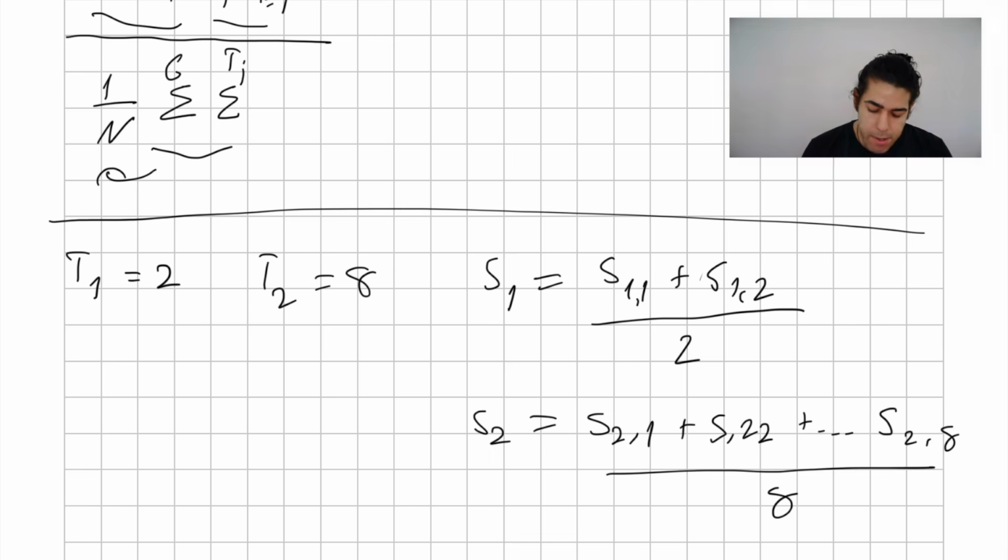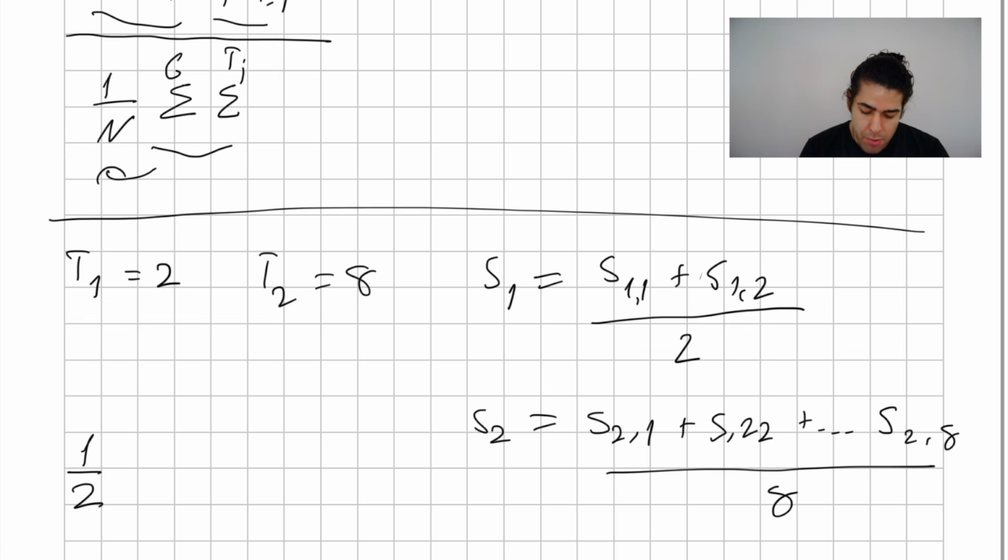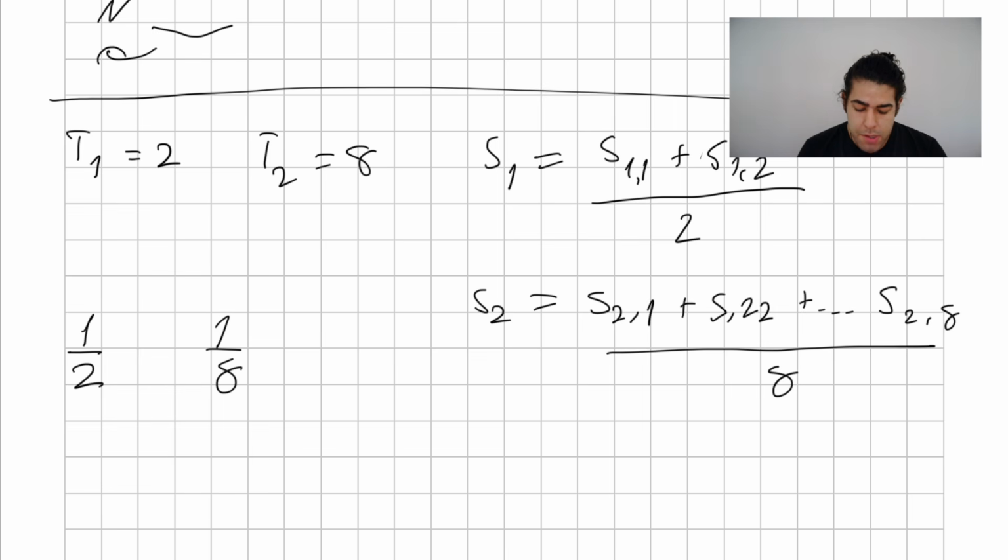When you think about it, each token within S1 has a weight of 1 divided by 2, whereas each token in S2 has a weight of 1 divided by 8. So each token in S1 will have 4 times more impact on the loss value because of its weight compared to a token in S2.